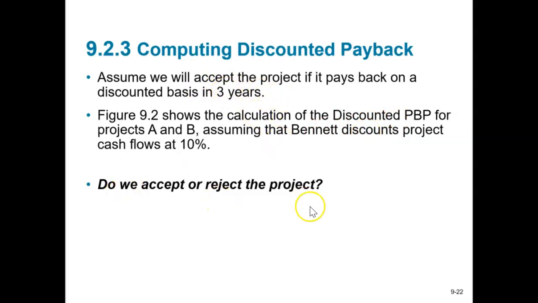So do we accept or reject the project? Definitely we will not accept the project. We will reject the project. Why? Because it doesn't pay back on a discounted basis within the required 3-year period, because both projects are taking more than 3 years. So let's see the decision criteria test, the 4 questions.